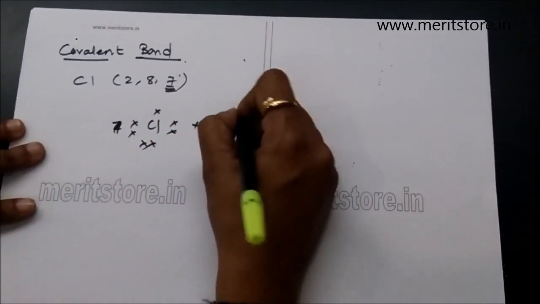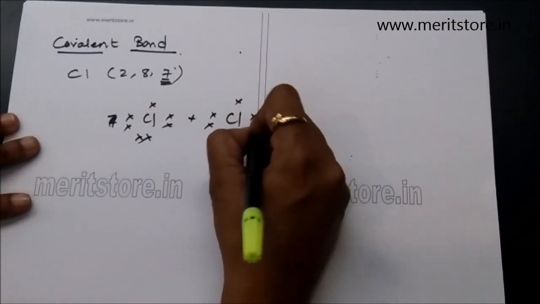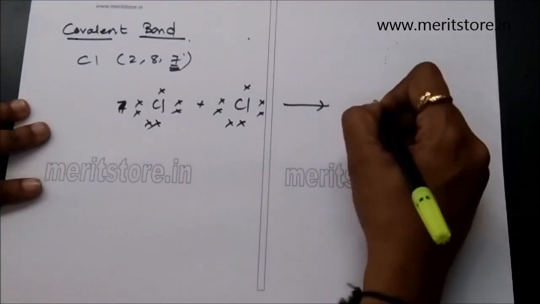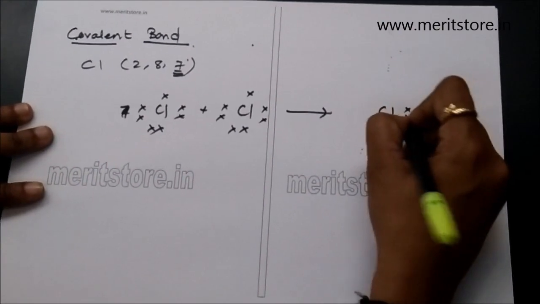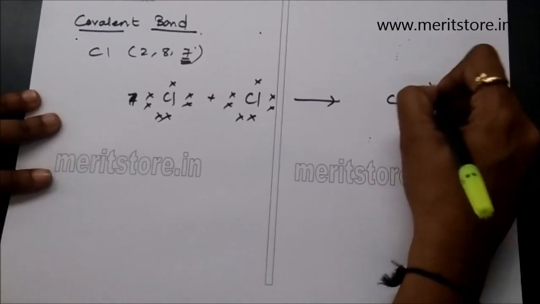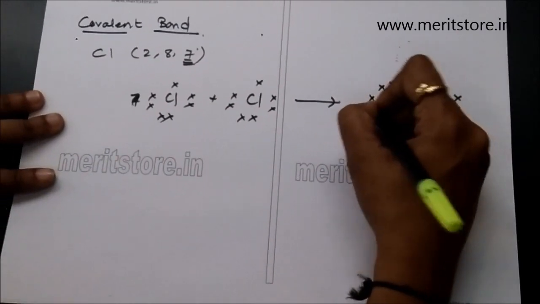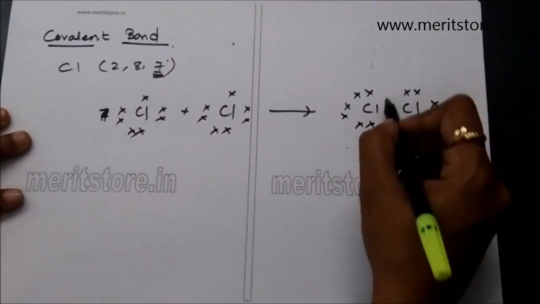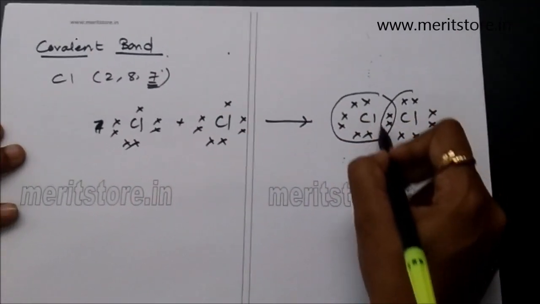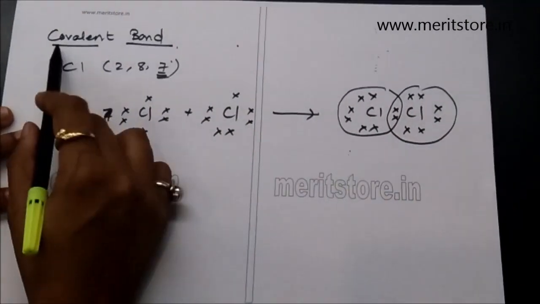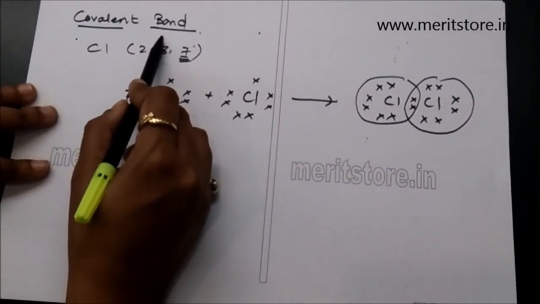It can share an electron with the other chlorine. When they share one pair of electrons between each other, for each chlorine the octet will be complete, and they can get stabilized. This kind of sharing of electrons between atoms, we call the covalent bond.